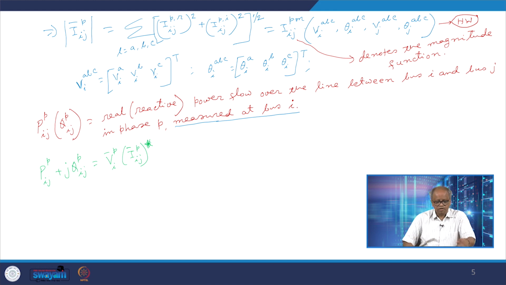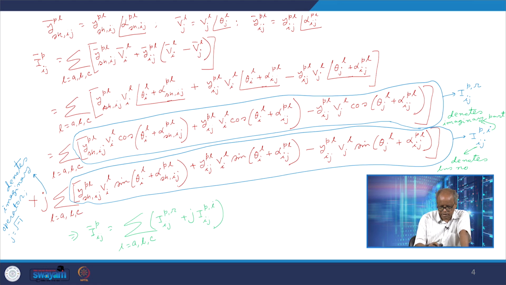So, now if I implement this, so what do I get? It will be V_ip angle theta_ip, and then the whole of this into L A B C, and this is because it is star.